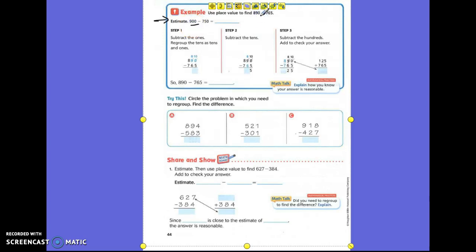Does 890 round to 900? Yeah. Okay. Then 765, they rounded to the nearest 50, which is 750. So 900 minus 750. We can just do that real quick.